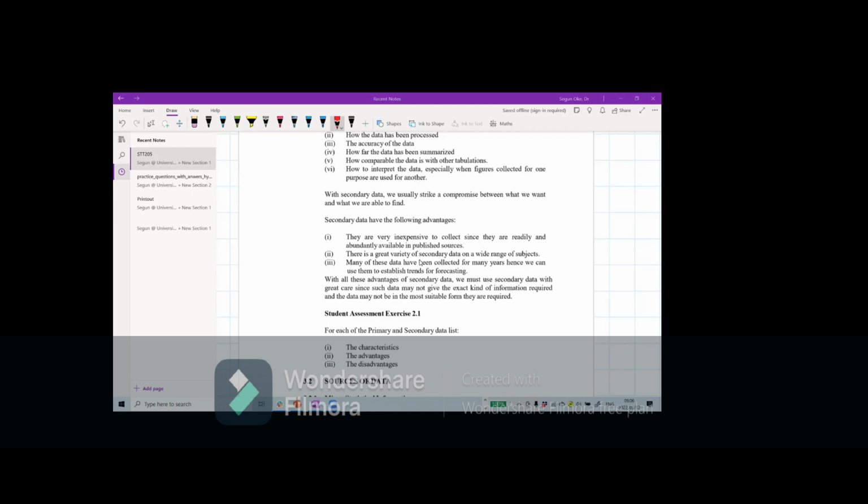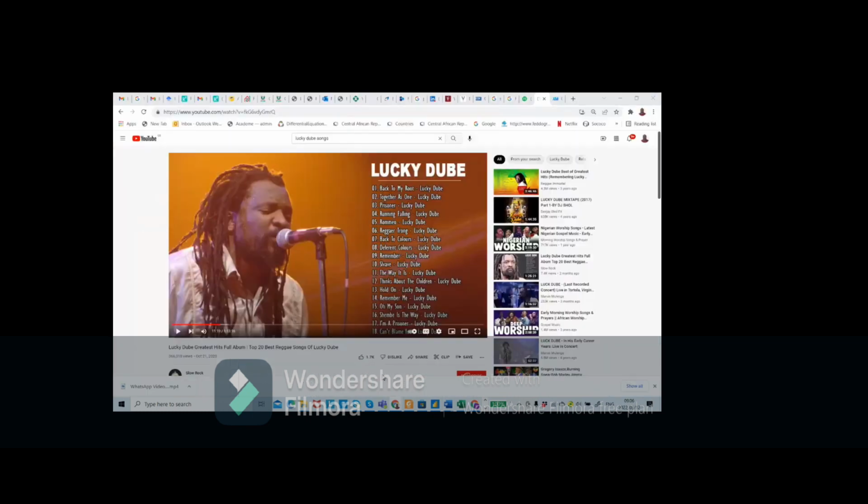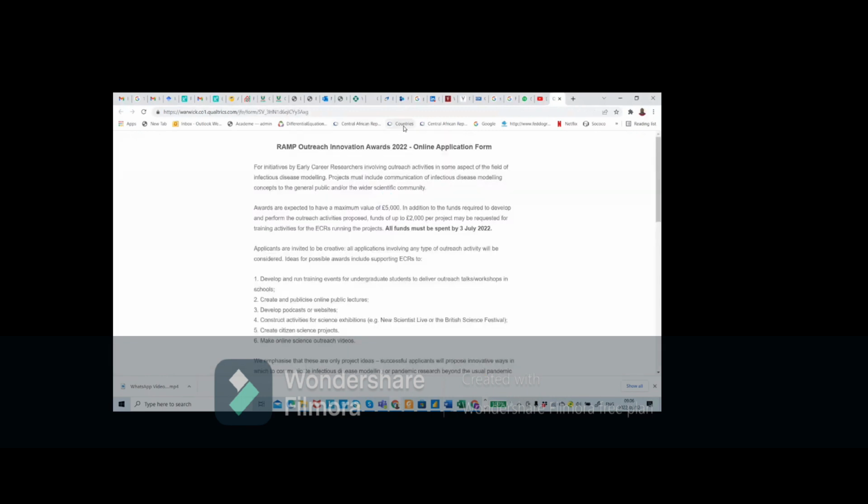You can see secondary data, for example. Some of us will go to the internet. Let me just do this. If you really want to know the number of COVID-19 cases in our country, remember, you are not the one that collected the data.